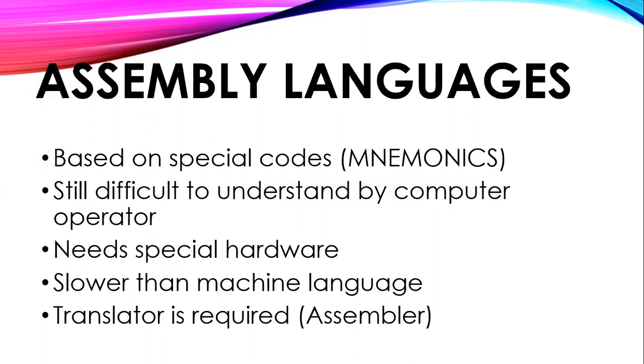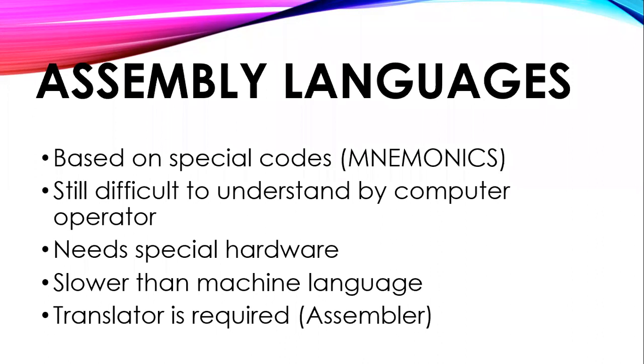Then the second fastest language is assembly language. Assembly languages are slower in process than machine languages. Since it is specially designed, a translator is required, and the translator used with assembly languages is the assembler. What is the purpose of an assembler? It is used to translate mnemonics into machine codes. Anything that is not in machine code form must be converted into machine code before entering the computer system.